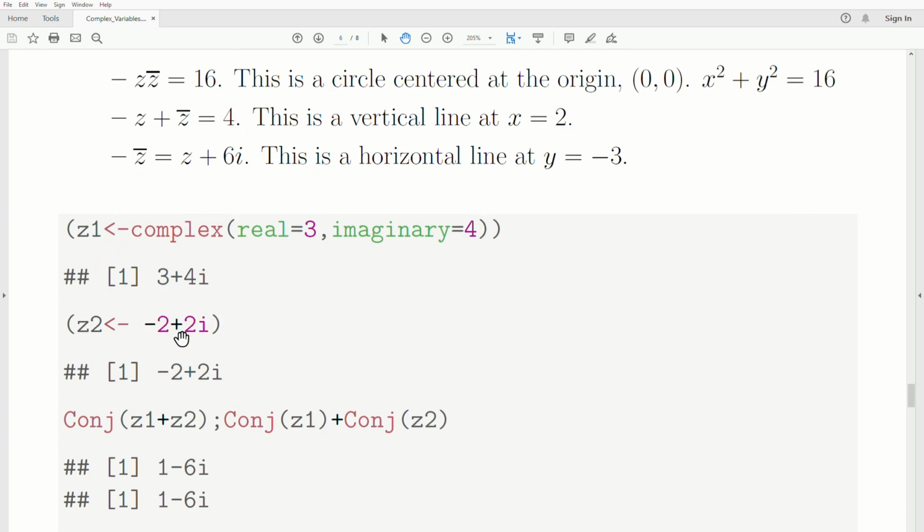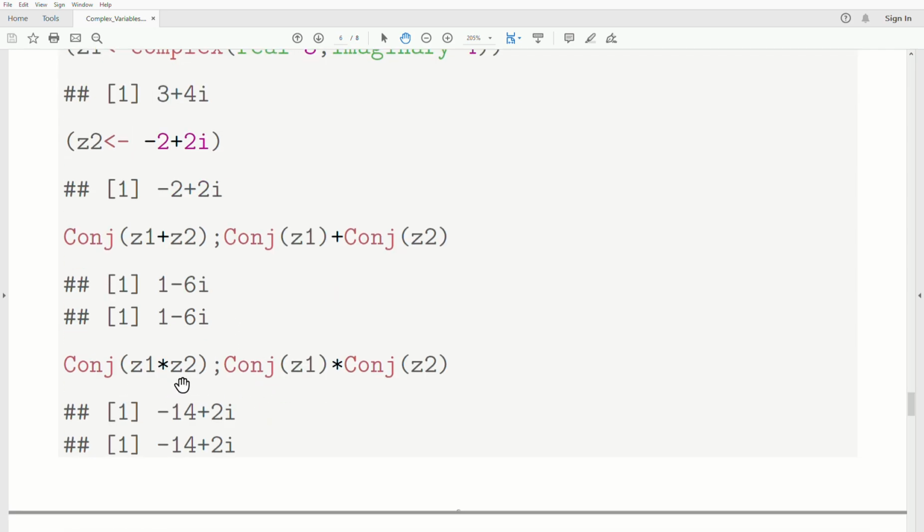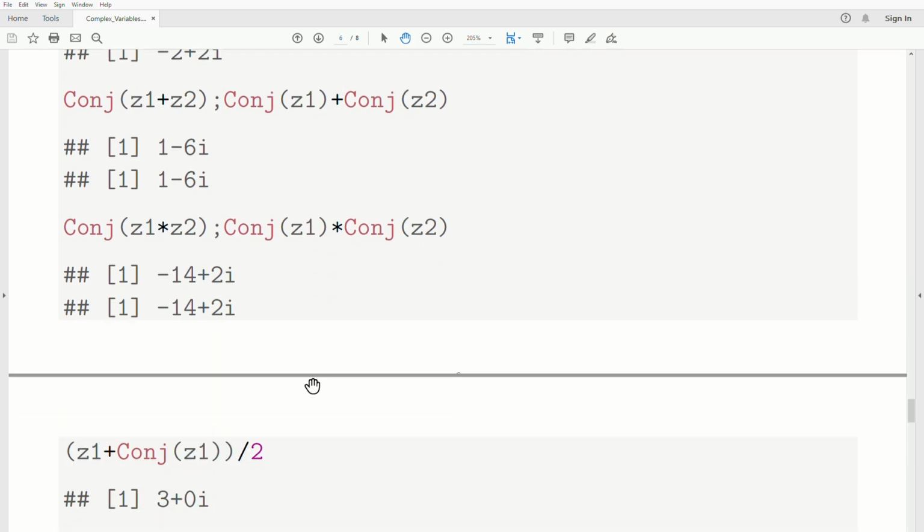You can also just enter it directly into Z2, where minus 2 plus 2i, and it just knows that it's a complex number. So if we look at the conjugate of the sum, that's the sum of the conjugates, and notice that it's the same, 1 minus 6i in both cases. The conjugate of the product is the product of the conjugates, and this number is minus 14 2i, and then the product of the conjugates is the same, as it should be. We proved that it has to be.